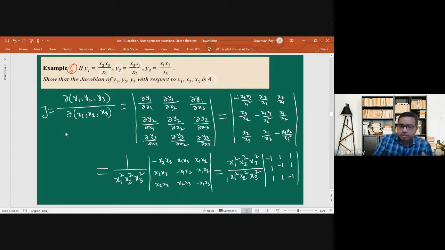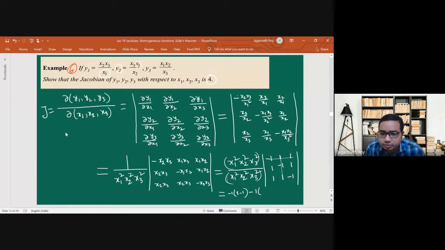So this portion will get cancelled. Numerator and the denominator, this will become 1. And this is minus 1 into (1 minus 1) minus 1, okay, this one.